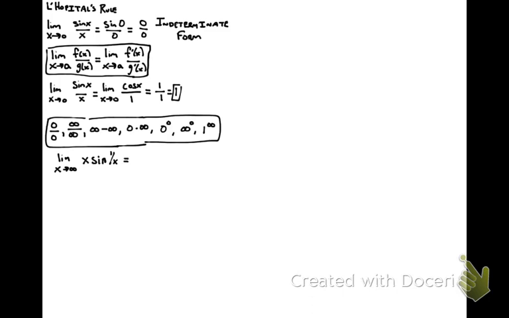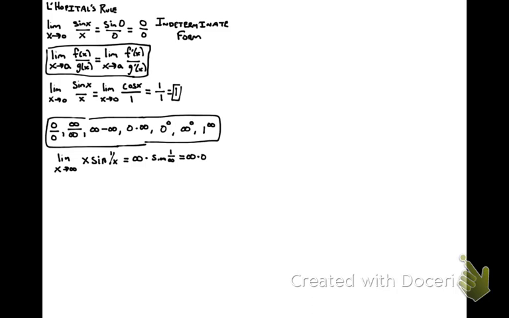And by substitution, we're going to get infinity times the sine of 1 over infinity, which is infinity times 0. Right, 1 divided by infinity, as x goes to infinity, 1 over x goes to 0. And the sine of 0 is 0.